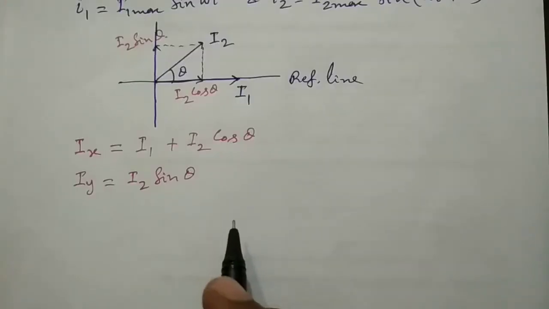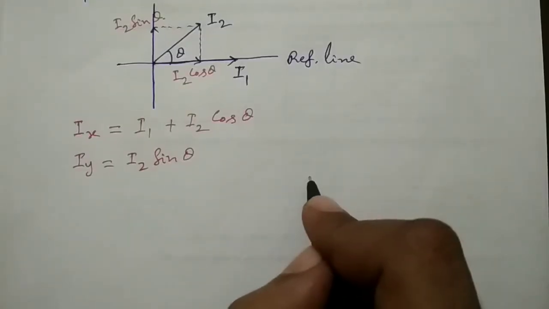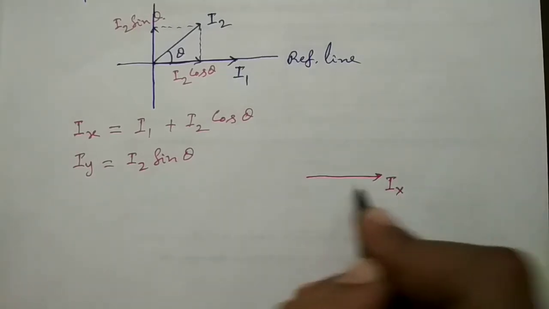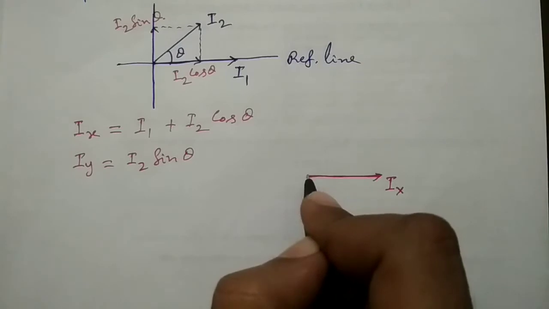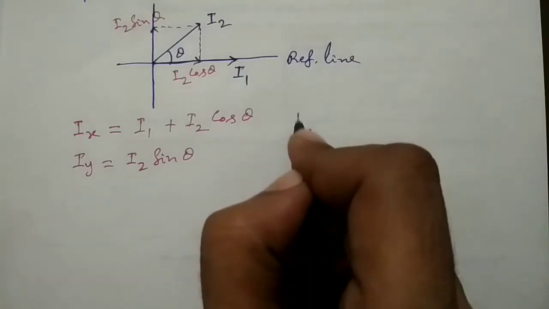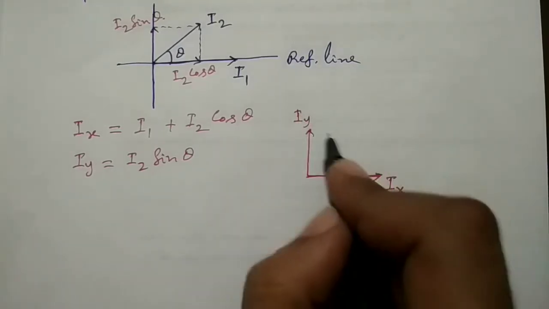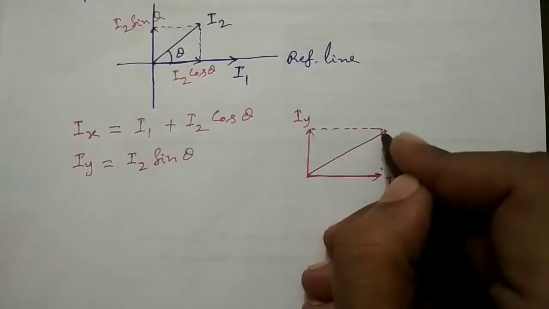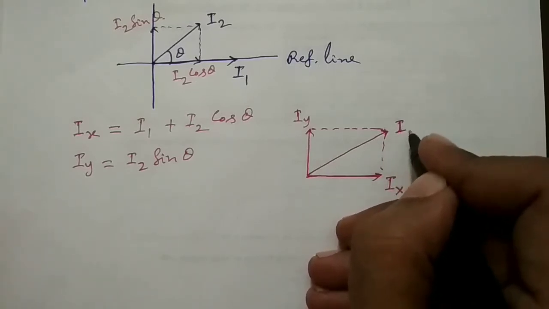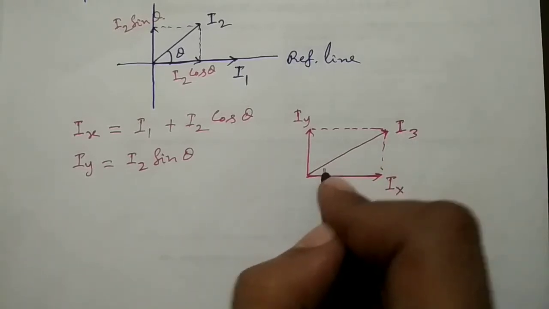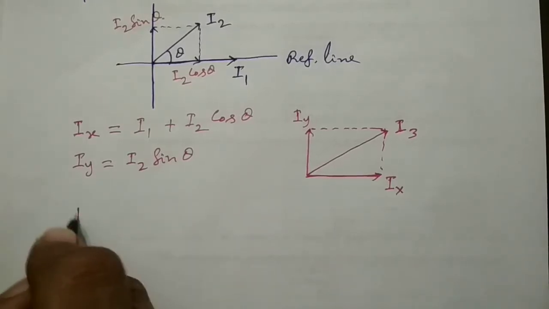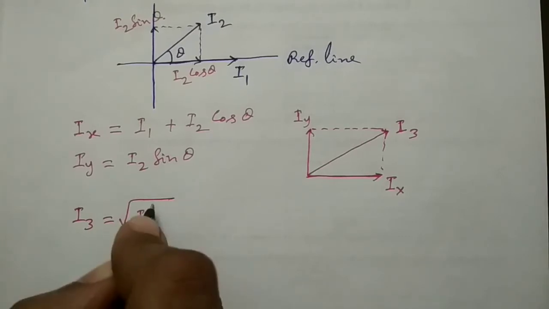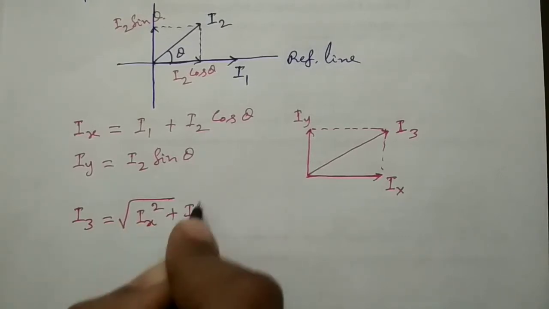In the next step, we will draw these two parameters, that is Ix will be along the x-axis and Iy will be along the y-axis. Therefore, the resultant will be I, or let's say I3. So here the value of I3 will be square root of Ix square plus Iy square.